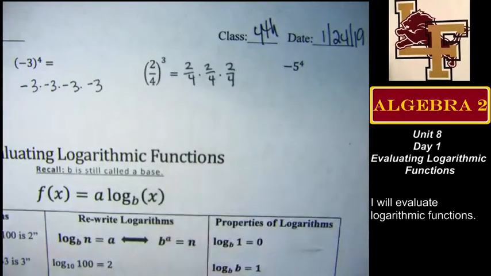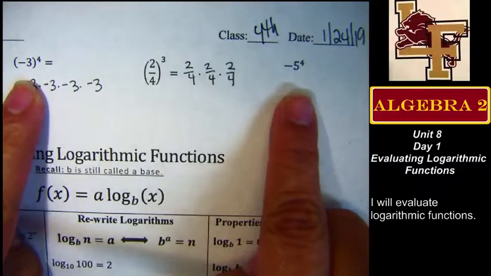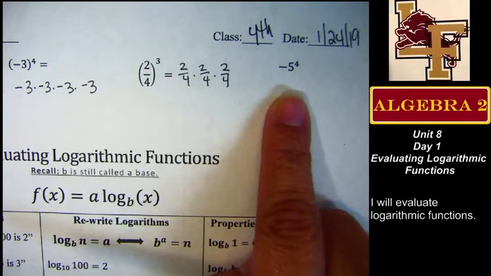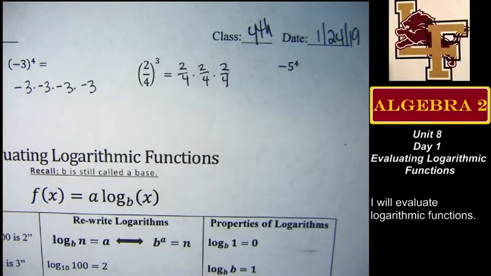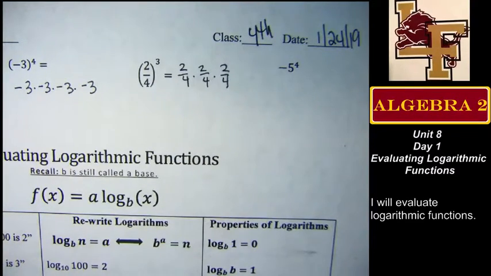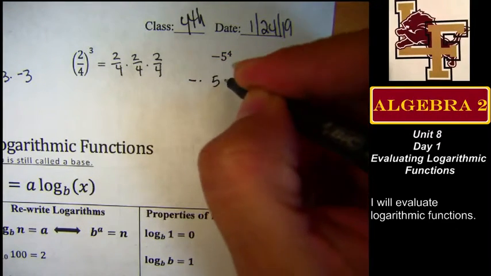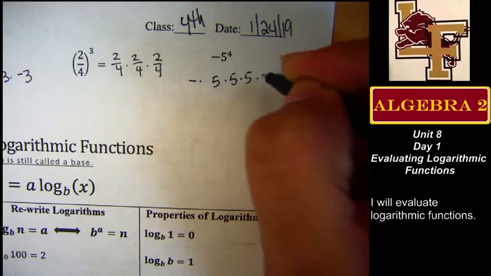For the negative, there's a difference between these two, though, isn't there? This one has parentheses, so we had to include the negative when we did that repetitive multiplication. This one does not have the parentheses, so I cannot include the negative in my repeated multiplication. Is it negative 5 times 5 times 5? It's negative times 5 times 5 times 5 times 5.